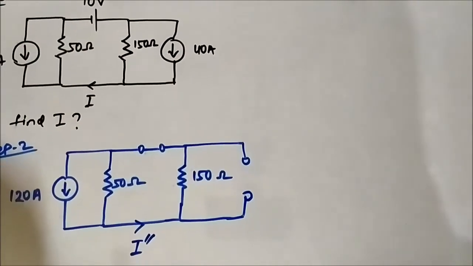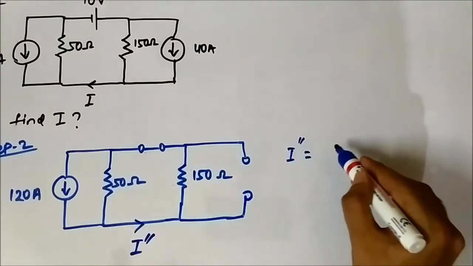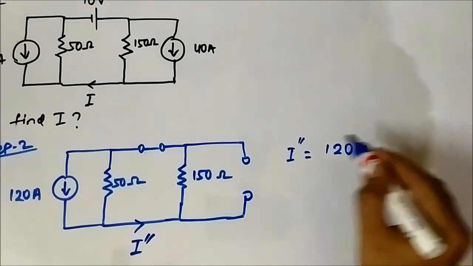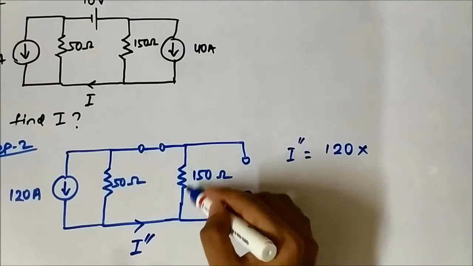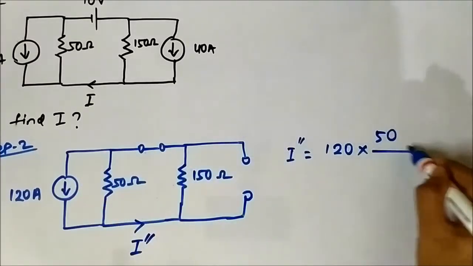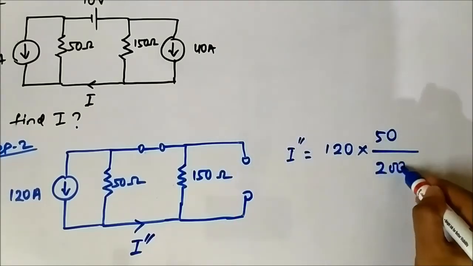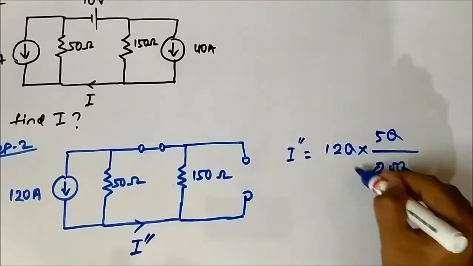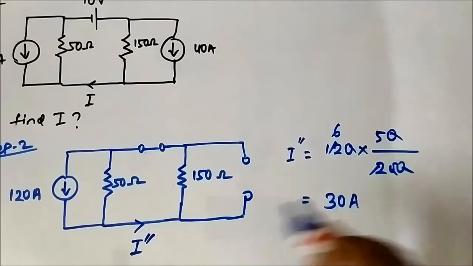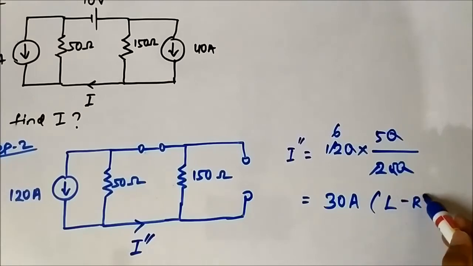So I double dash will be 120 into 50, because we want the current flowing through 150 ohms, so we multiply with the other resistance, divided by the sum of the two resistances, which is 200. This is also coming 30 ampere, but here the direction is from left to right.